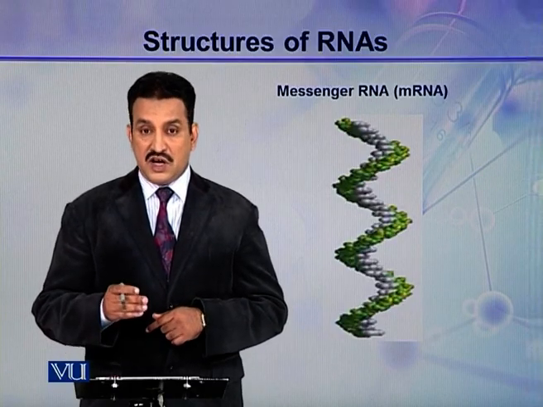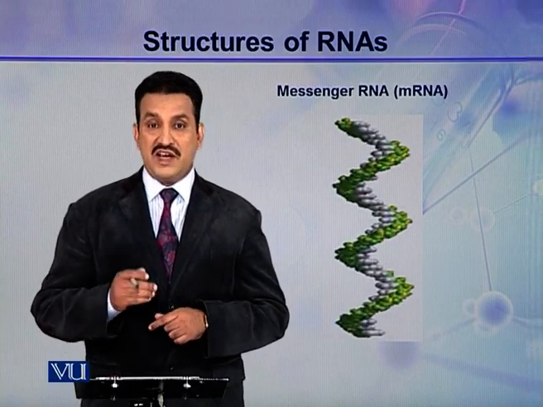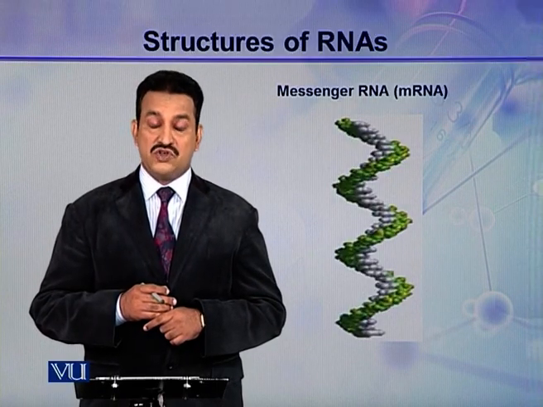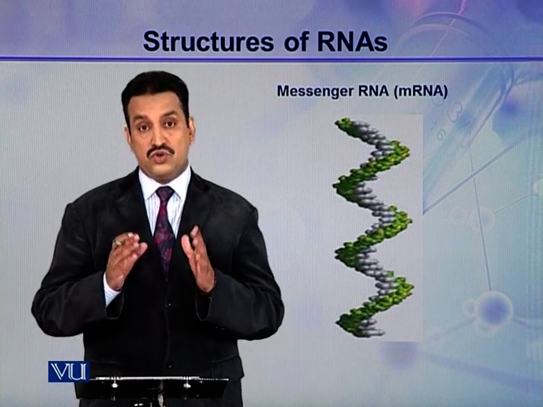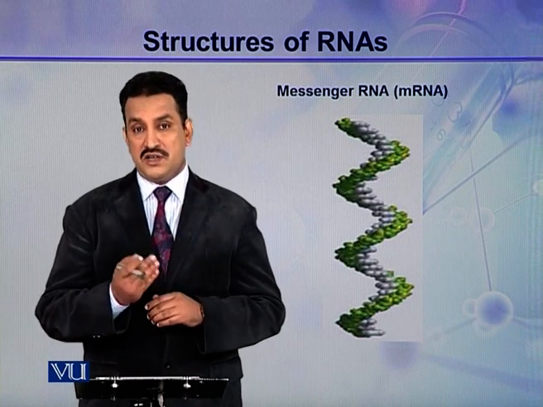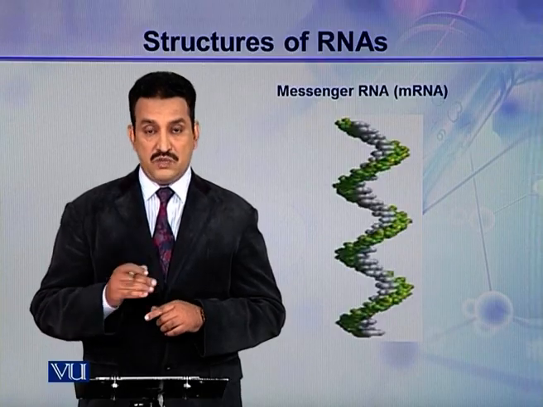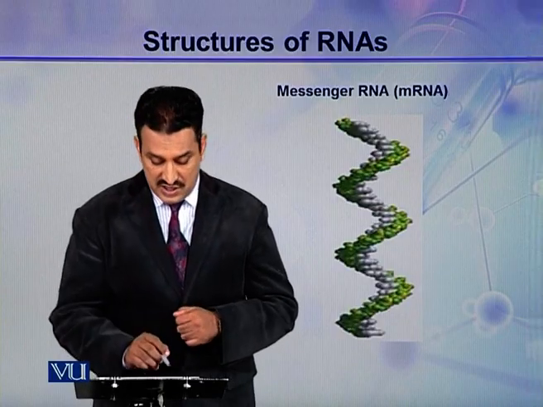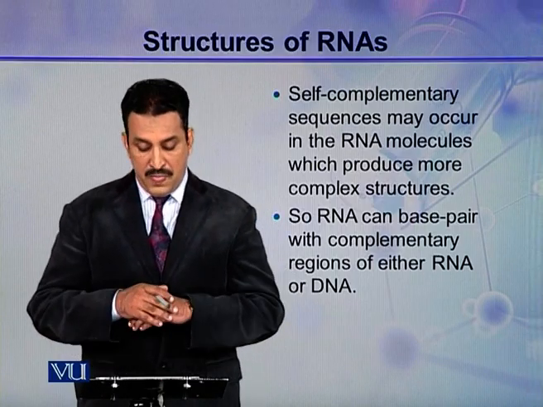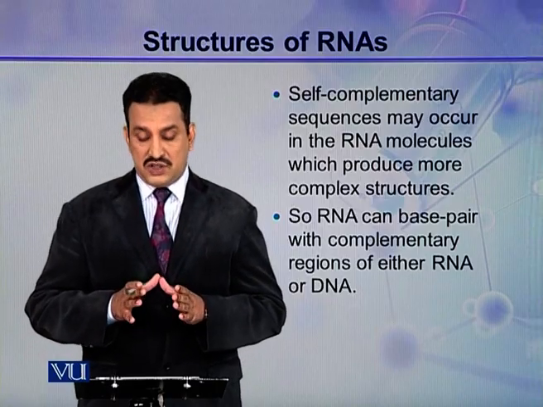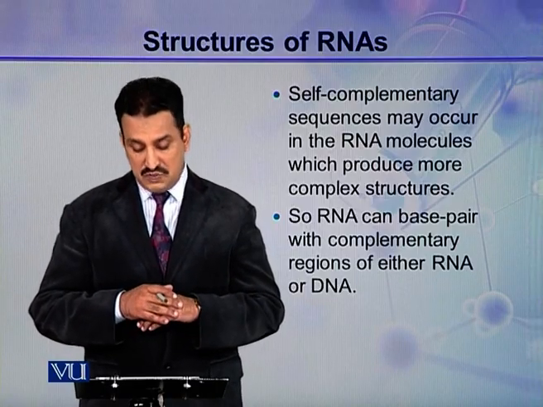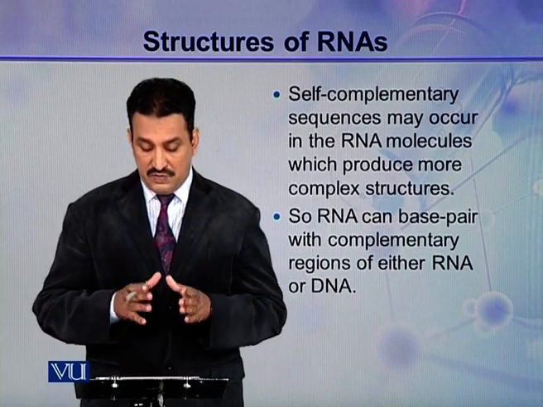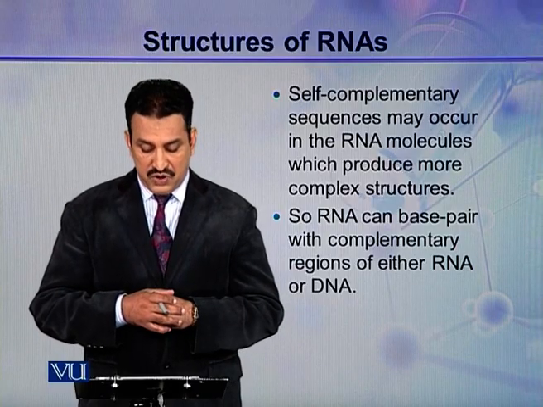So this is a single stranded helical structure in contrast to the double helical structure of DNA, where two strands are helically coiled around an imaginary axis, but here only a single strand is coiled around an imaginary axis and it forms a helix.